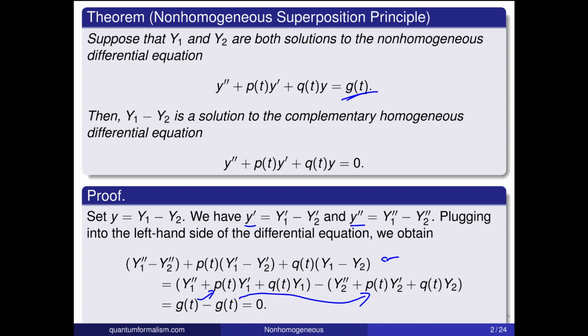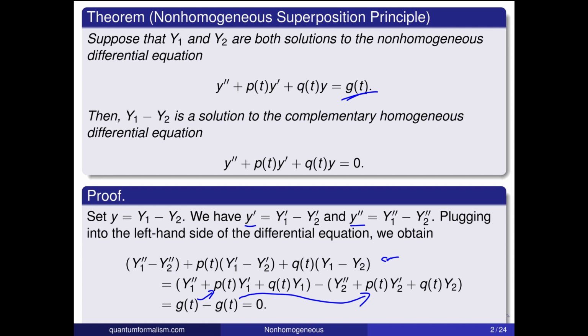All right, so how does this help us solve non-homogeneous differential equations? Well, how it works is if you have a solution capital Y2 to this non-homogeneous differential equation, just one single solution, then that's enough to write down the general solution, because any other solution can be written as some homogeneous solution plus that Y2, right?